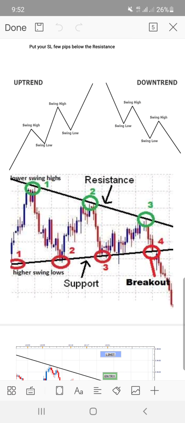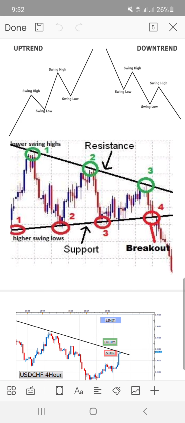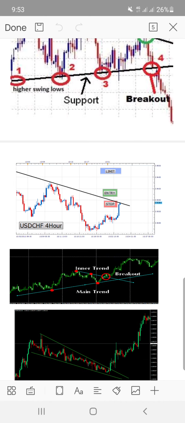So all these things are just easy to take note of. If you are watching videos of some people that teach how to trade forex, they talk about all these swing low, swing high. These are just some terminologies that are used in trading, right?